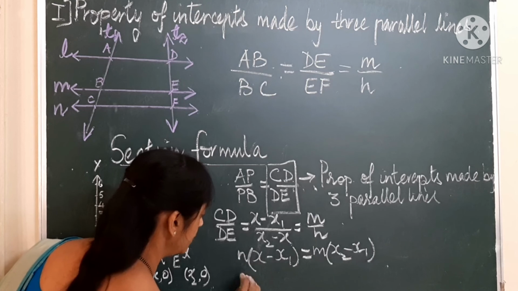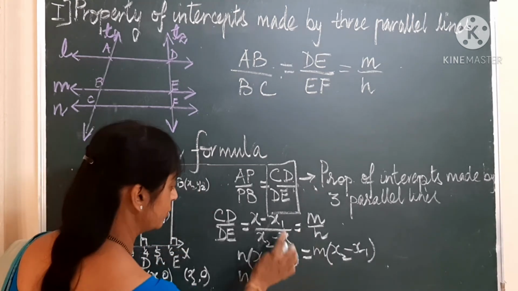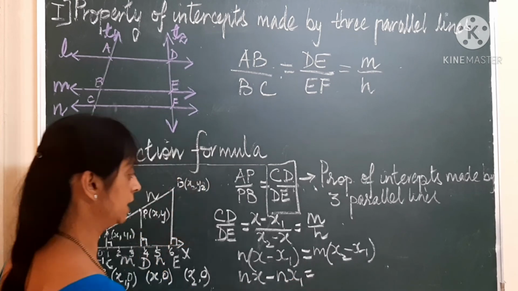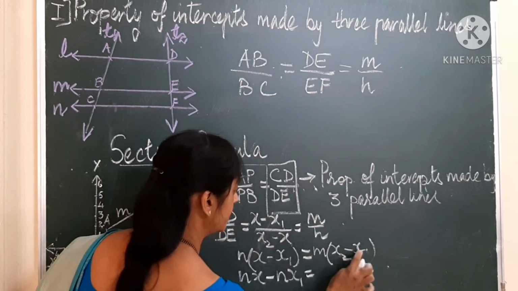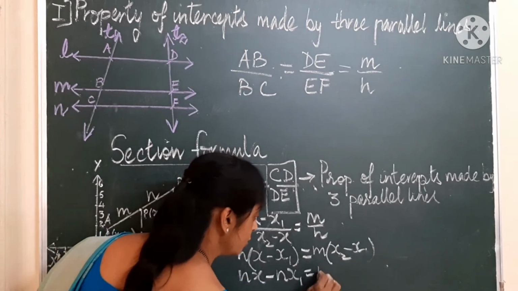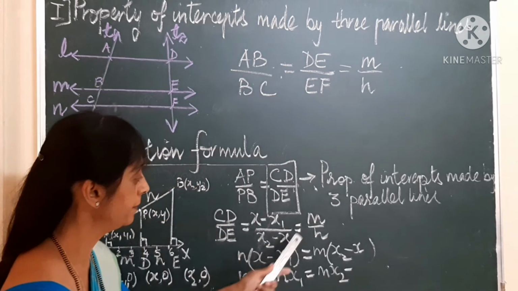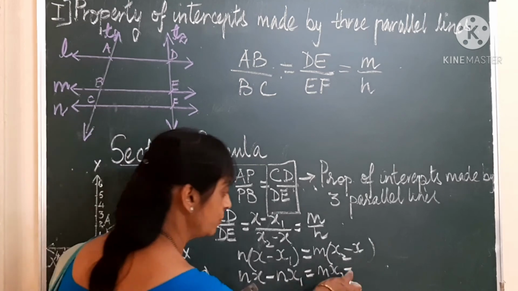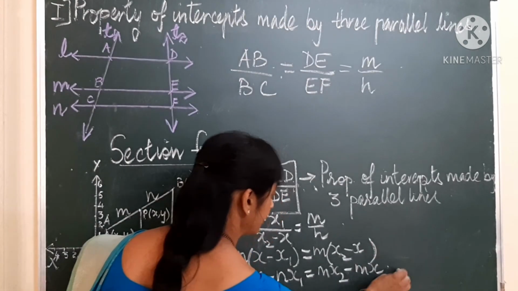We have n into x, that is nx, minus n into x1, that is nx1, which is equal to m into x2 minus x. So m into x2, mx2, minus m into x with a minus sign. So minus into plus gives you minus, and m into x gives you mx.